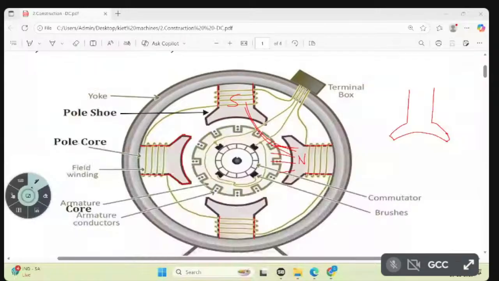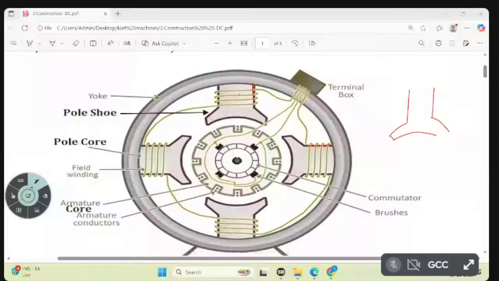So this is the way. This is the pole, this is the pole shoe.